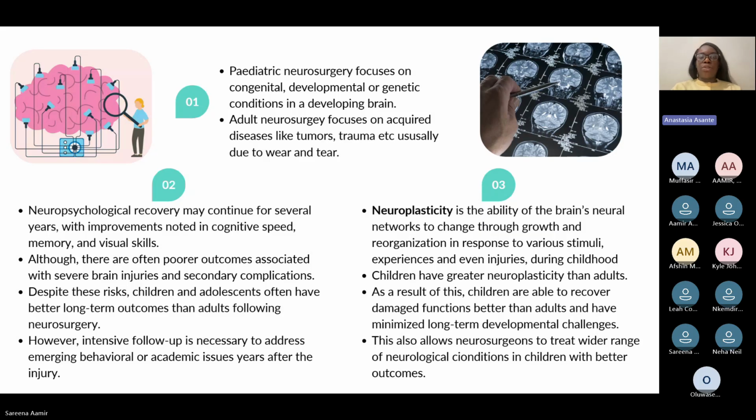And when it comes to adult neurosurgery, it mainly focuses on acquired diseases like tumors, traumas, and etc., usually due to wear and tear. So essentially, pediatric neurosurgery is more about dealing with genetic malformations within the brain, whereas adult neurosurgery is more about fixing the acquired issues that they gain later on in life.